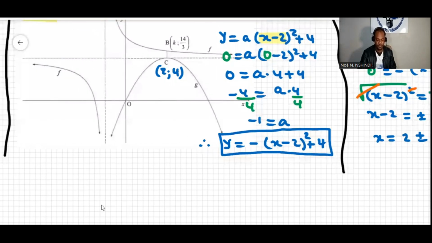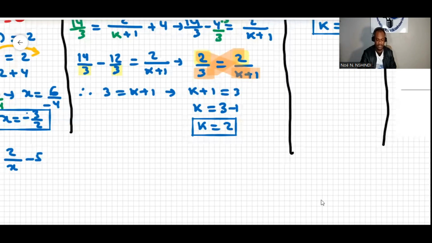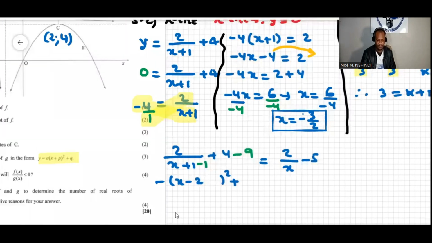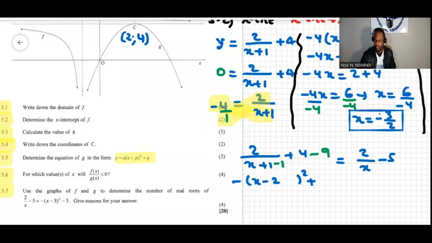Now we have x minus 3 in the bracket and then minus 5, just because we moved 1 unit to the right again, and to get negative 5 we minus 9.